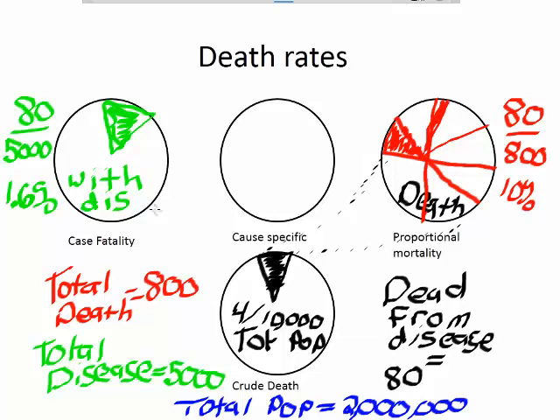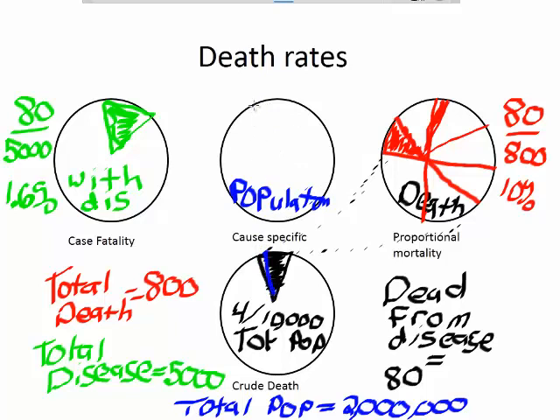That calculation is cause-specific mortality. In this case, we calculate the burden of disease on the whole population. So in this case, our circle is the population. If you look at the total population, it's only going to be this little wedge here from the crude death rate.